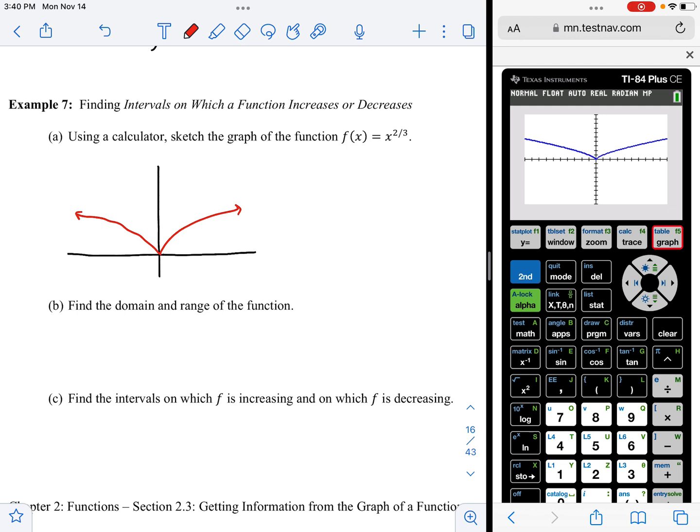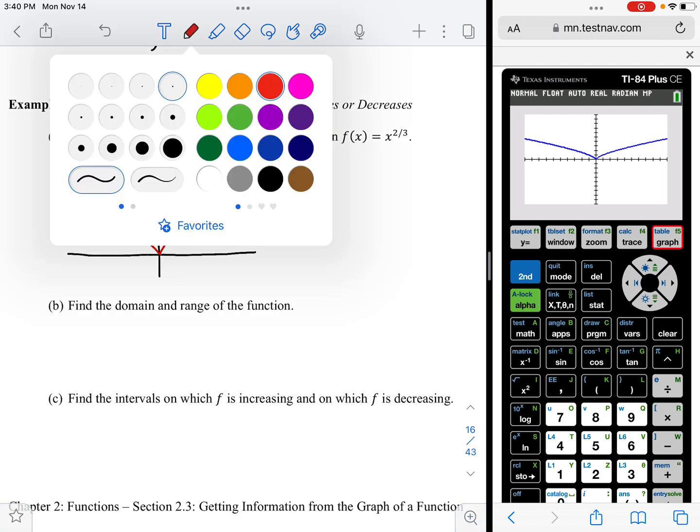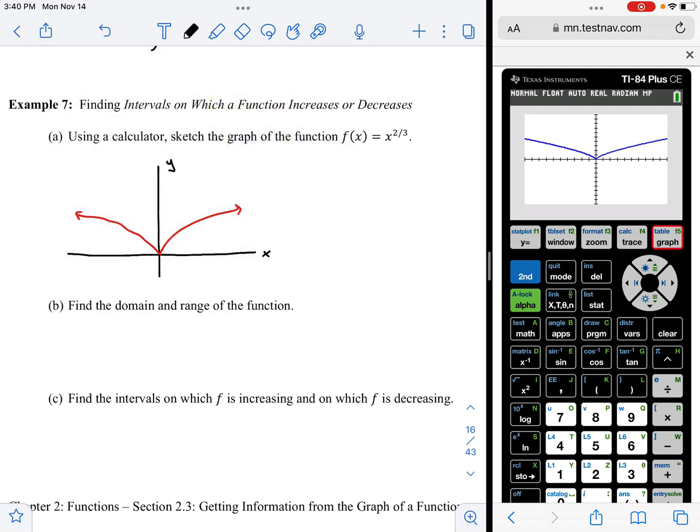It doesn't plateau and hit a horizontal line at any point. It just keeps on growing, just kind of slowly. So with regard to when it is increasing, that would be this portion off to the right, and then decreasing would be this kind of half of it off to the left.